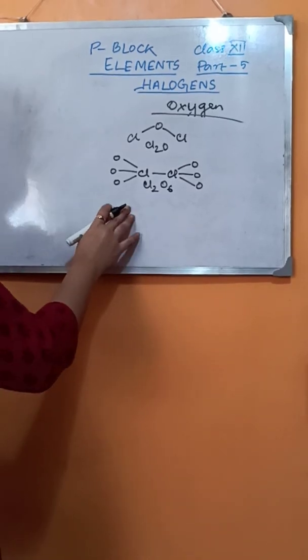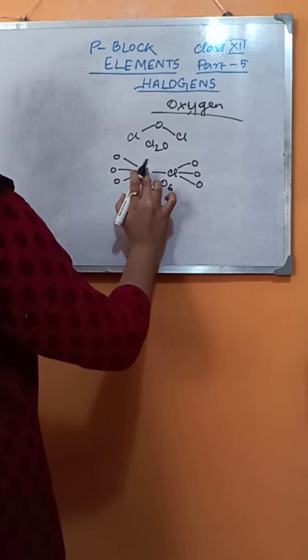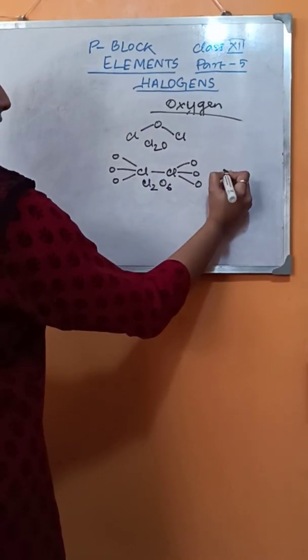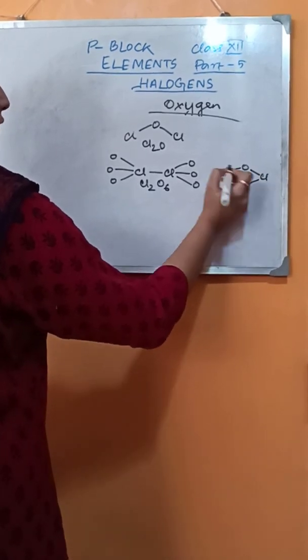Cl2O6. Listen, Cl2O6 structures can be of two types. One is the direct chlorine-chlorine bond, and other is through the bridge bonds.